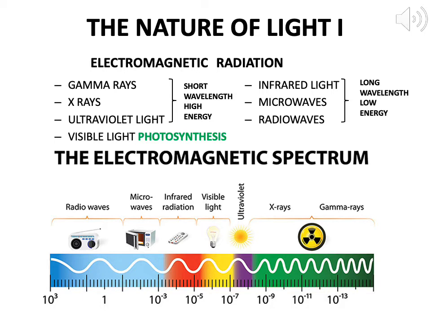It begins with low energy, long wave radiation, including radio waves at the far end, going to microwaves, going to infrared radiation, which you and I ordinarily associate with heat. There's visible light, smack dab in the middle. Then there's ultraviolet light. Then there's shorter wavelength, high energy radiation, which would run from X-rays to gamma rays.